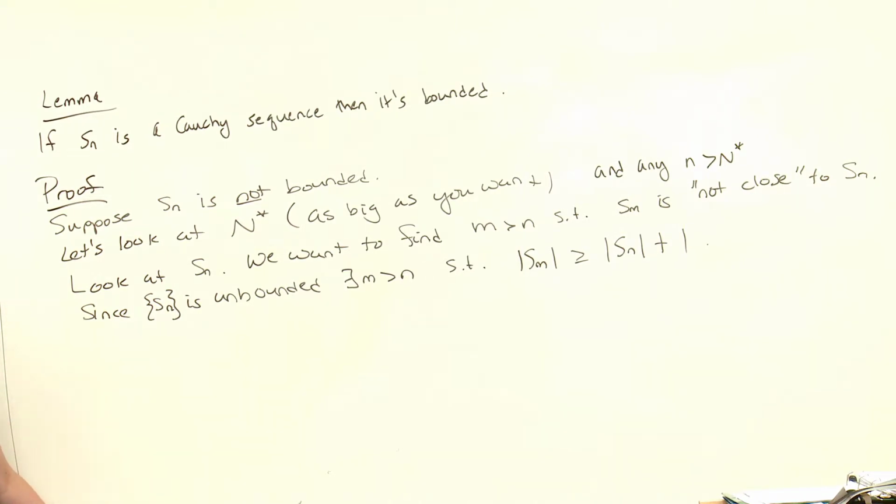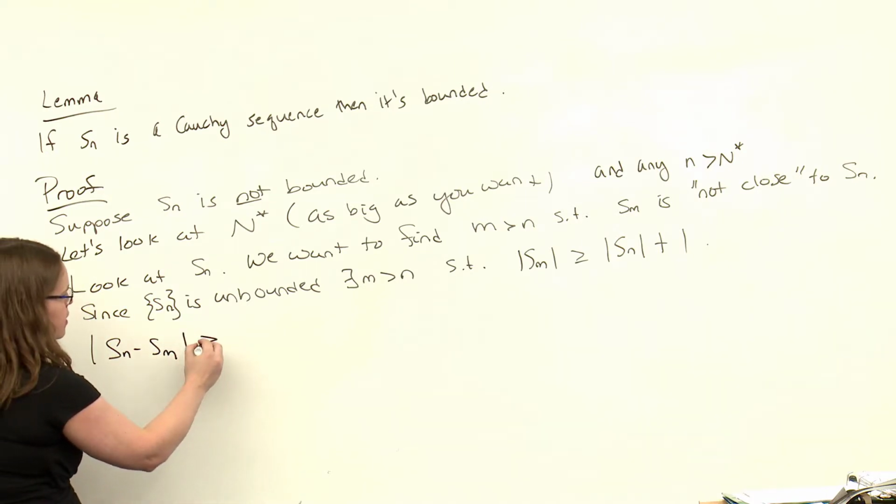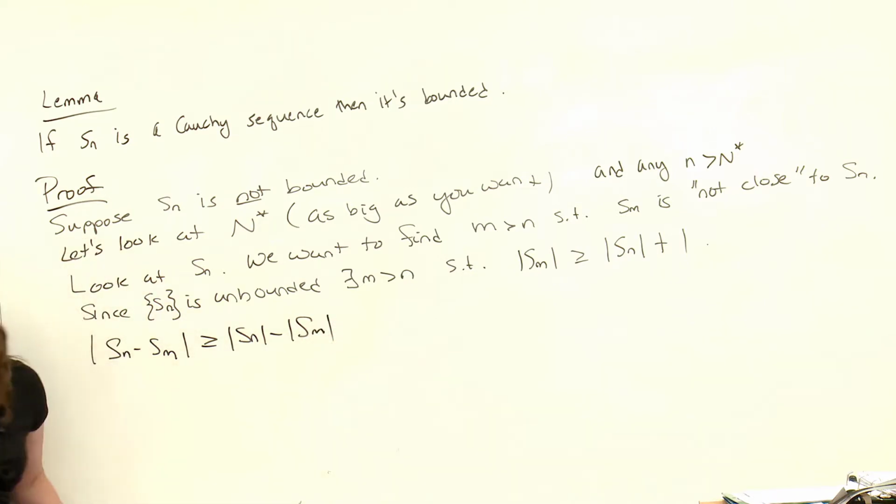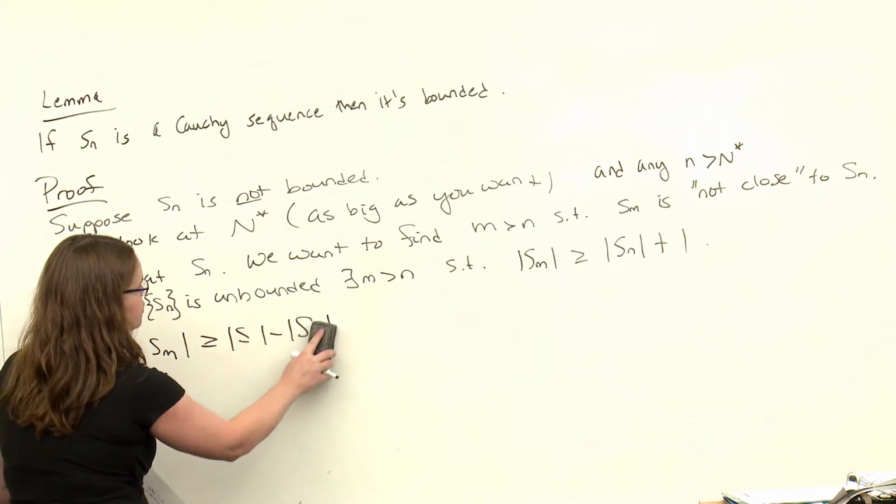Okay, so Sm and Sn are not close together now, right? They differ by at least 1. We can write that down. Sn minus Sm. Okay, this is, we've seen this before, a rearrangement of the triangle inequality. I should do this the other way around.